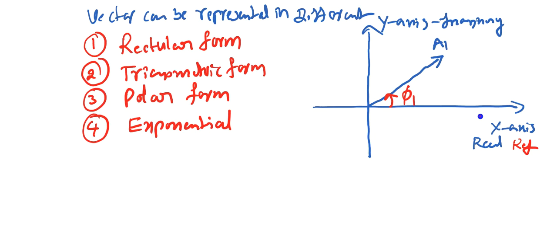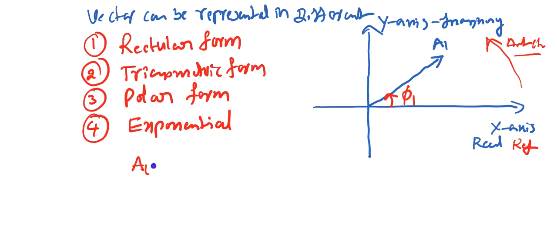As we already know, vectors always rotate in the anti-clockwise direction, isn't it? My vector is rotating in the anti-clockwise direction, like this. With respect to this direction, I mark the angle phi with respect to the x-axis.